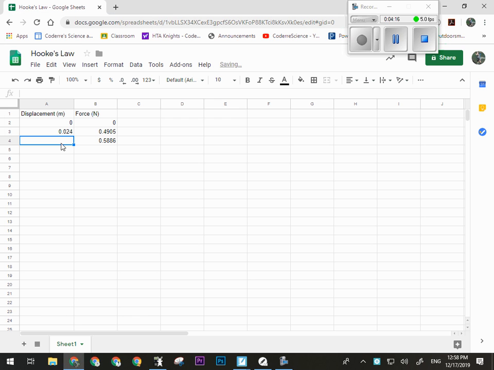And the new length of the spring is 0.033 meters.